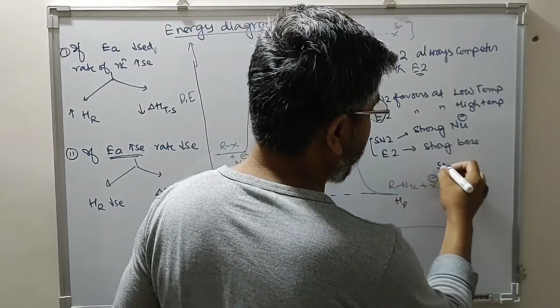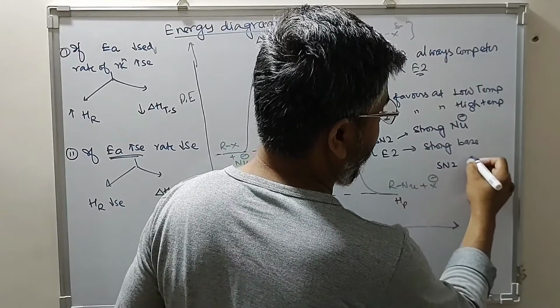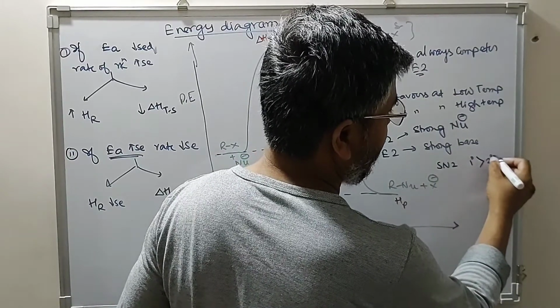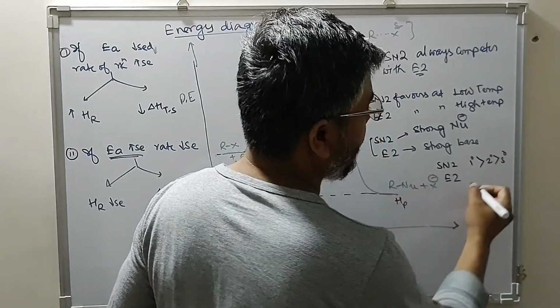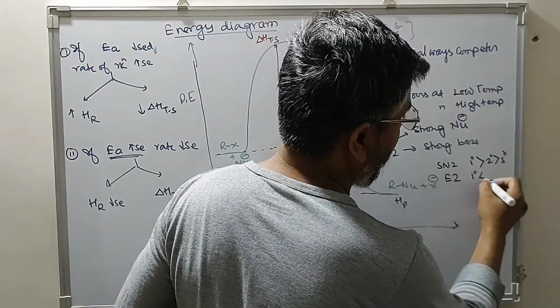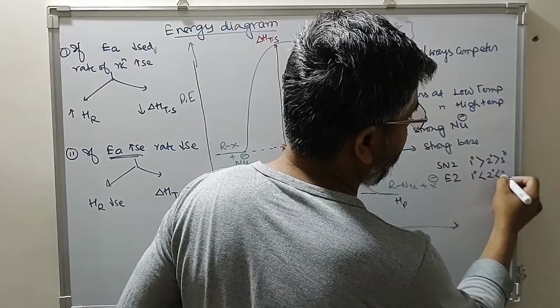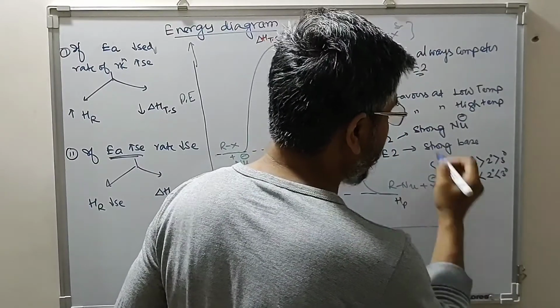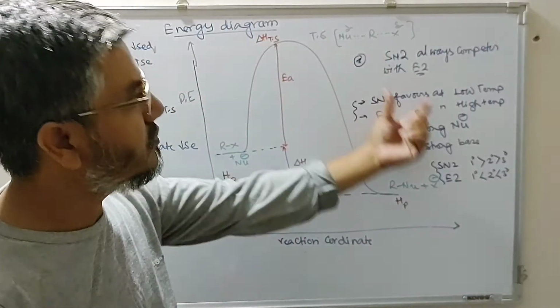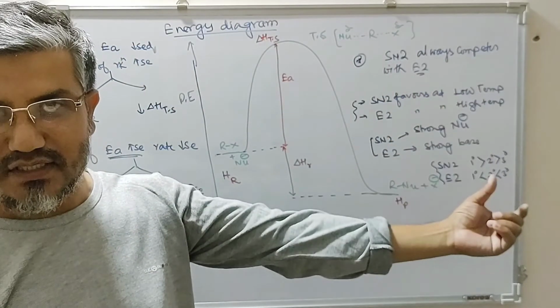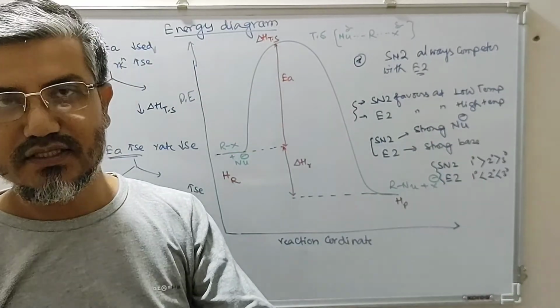So for SN2, the order is primary most reactive, then secondary, and tertiary does not react. But for E2, the reactivity order is just the reverse. Tertiary is the most reactive, primary is the least reactive. Both involve a transition state, both occur in a single step.